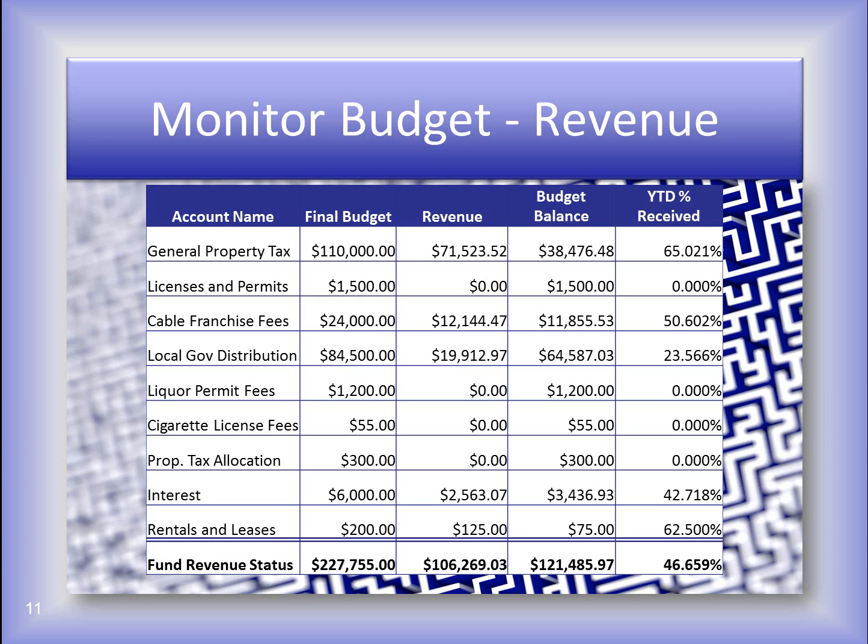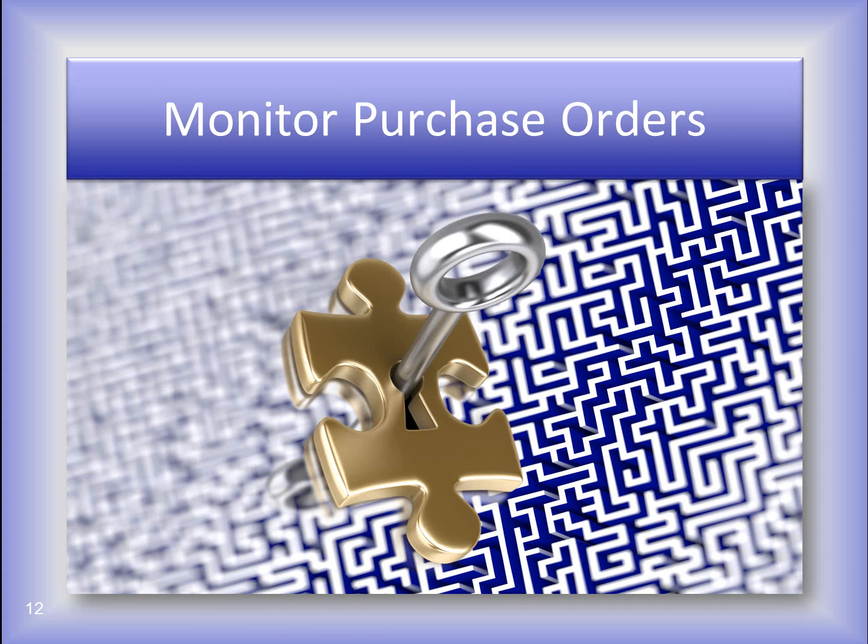If you see a substantial windfall or shortfall, evaluate the fund as a whole to see if you should request an amended certificate. In this section, we'll use the term purchase order to refer to all encumbrance types, purchase orders and blanket certificates. You want to review all open purchase orders after bills are paid and at the end of each month before posting the bank reconciliation.